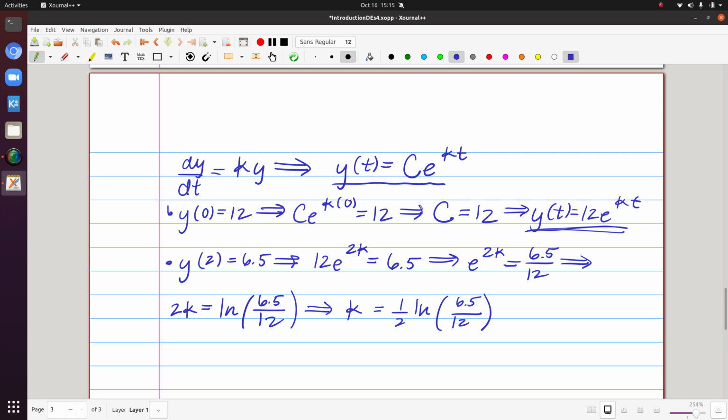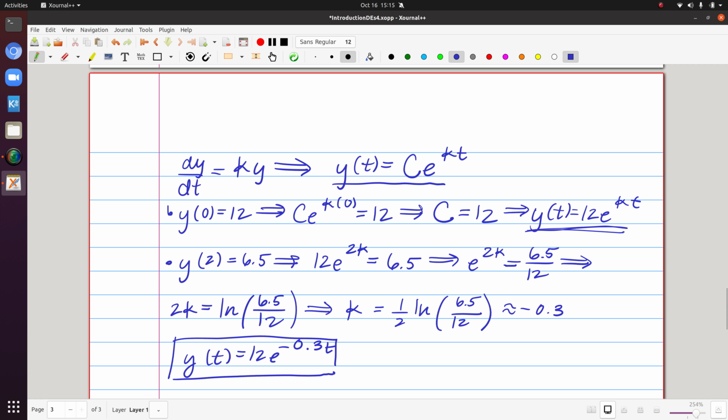And so a couple things to think about here. It turns out if you were to put this into a calculator, this is roughly minus 0.3. So we could say that our function is of the form 12e to the minus 0.3t.